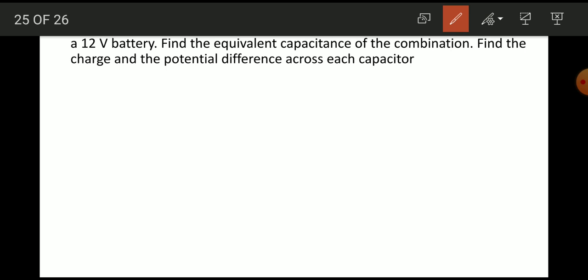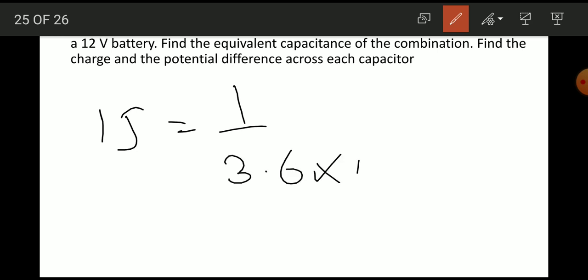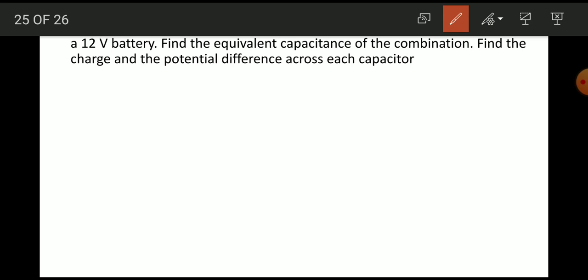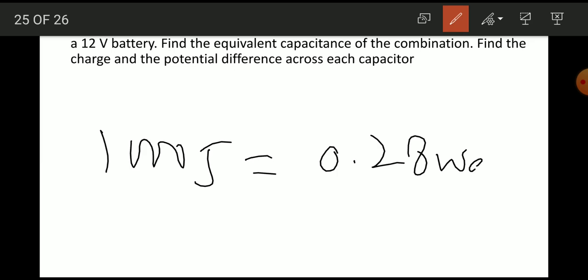Now 1 joule is equal to 1 divided by 3.6 cross 10 raised to power 6 watt hour. So 1000 joule is equal to 0.28 watt hour.